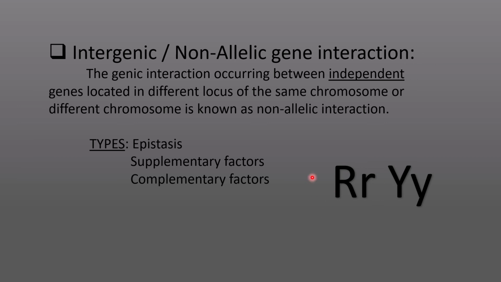So the character of this allele pair or gene pair is influenced by other genes. These alleles can be present on the same chromosome but in different loci, or in a different arm, or on a totally different chromosome. Here one pair of genes is influenced by another gene which is non-allelic to it.